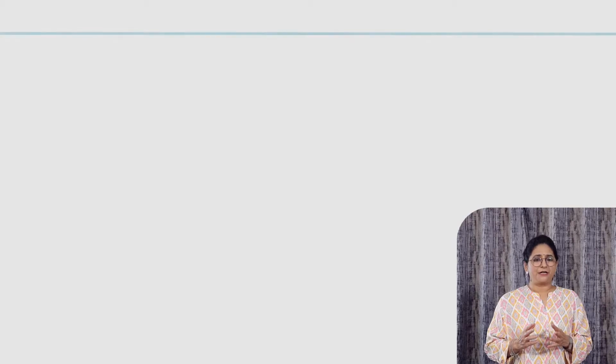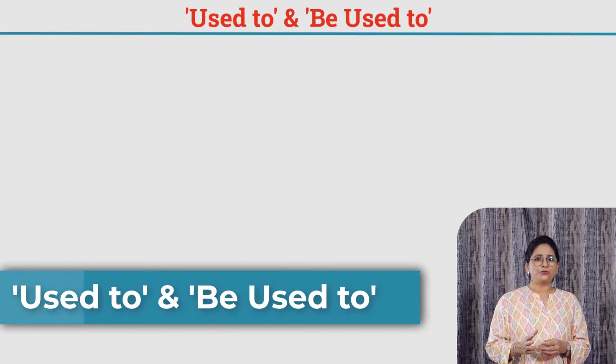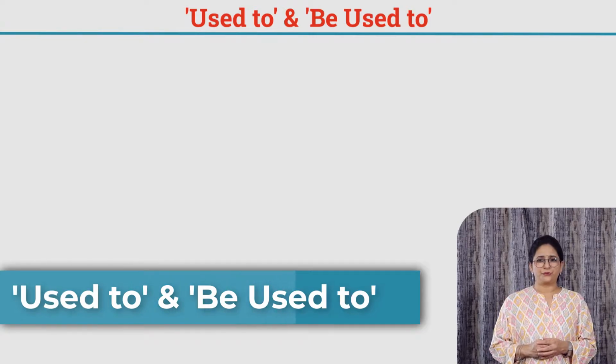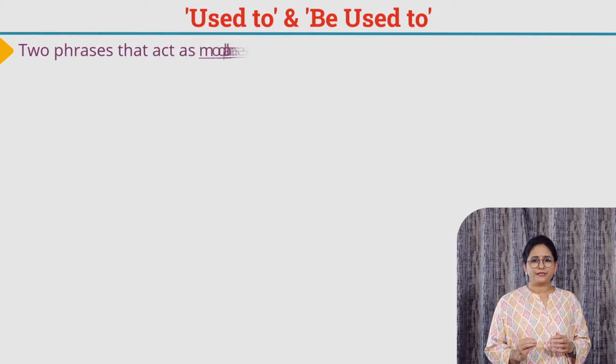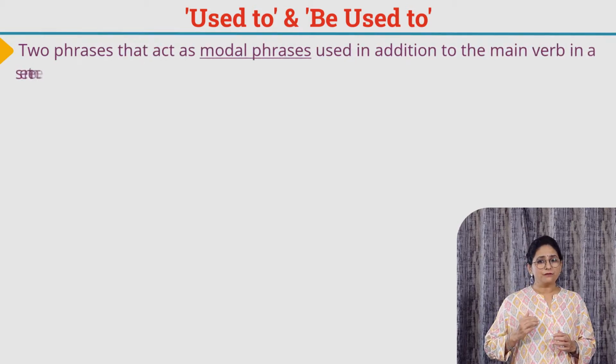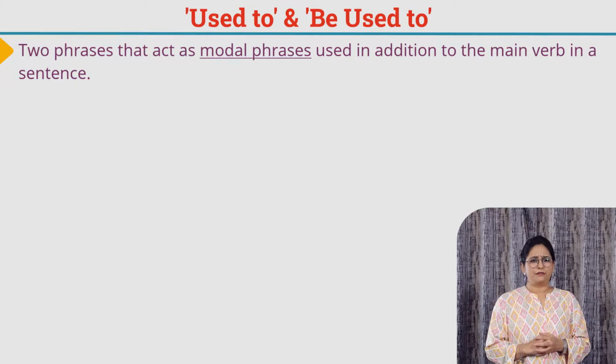So let's check our today's phrases, and these are used to and be used to. Used to and be used to are two phrases that act as modal phrases used in addition to the main verb in a sentence. Now, what is modal?